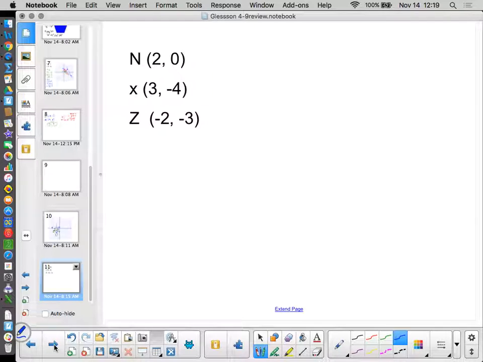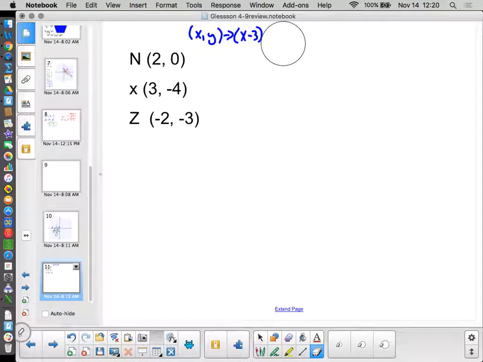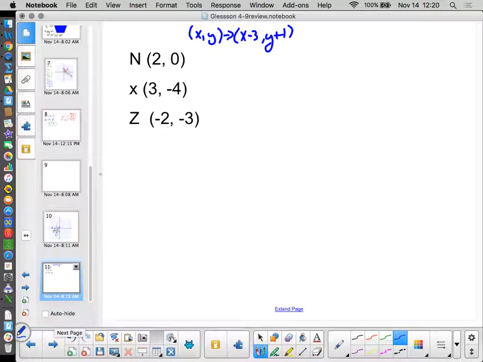So that would be X, Y. 3 left would be X minus 3. And 1 up. So I'm very easily writing N primed is going to be 2 minus 3, which is -1. 0 plus 1 is 1.